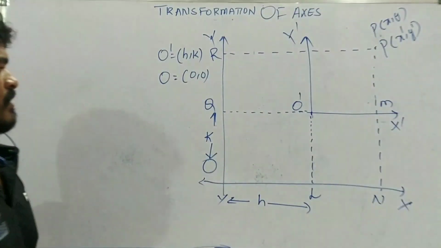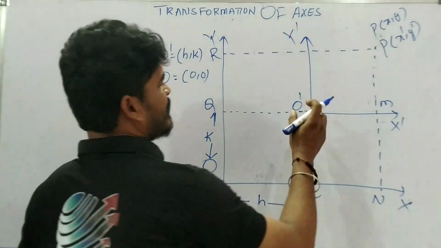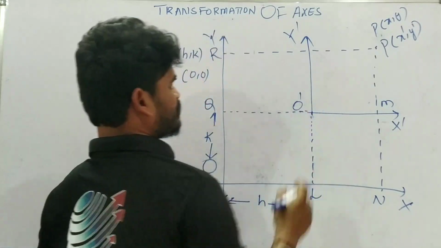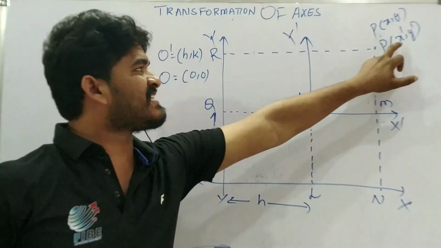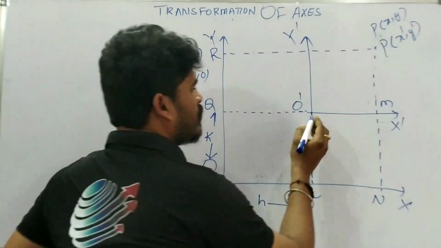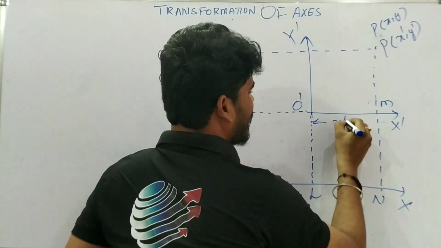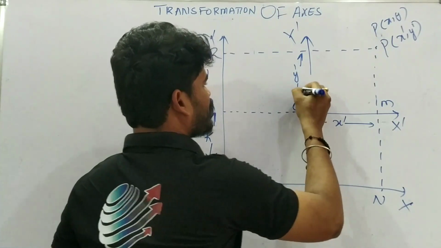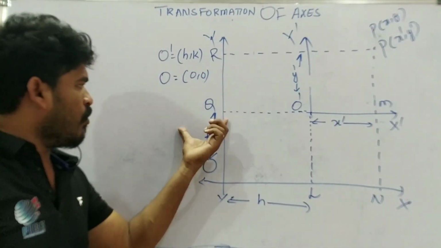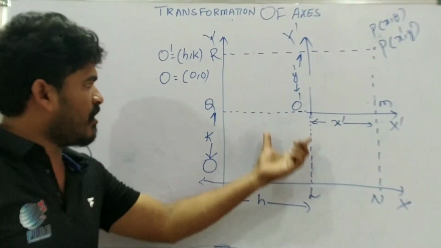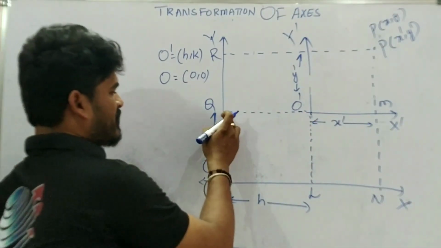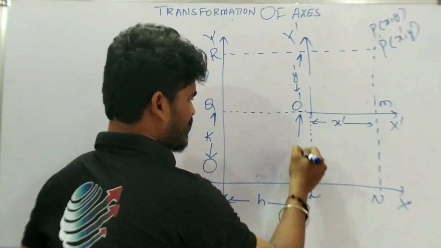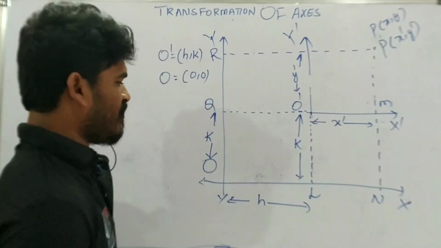Assume that. In the same way, P is (x dash, y dash) with respect to the new axes. So this length is x dash and this length is y dash. Here, observe that OQ equals O dash L, therefore this is also the same length, k.